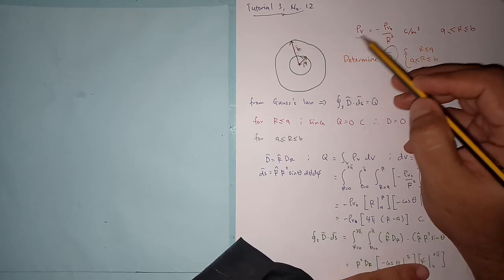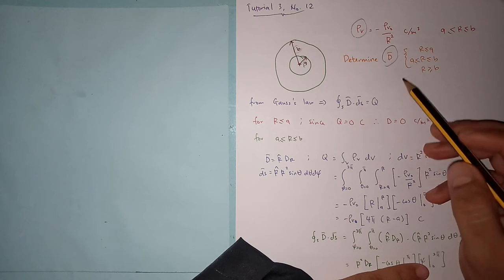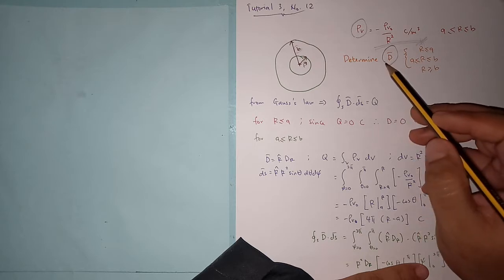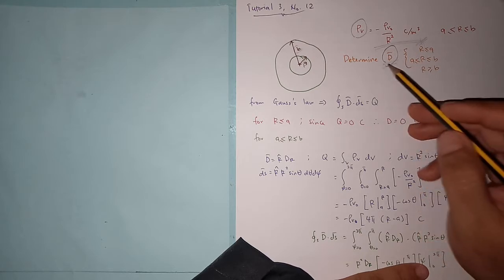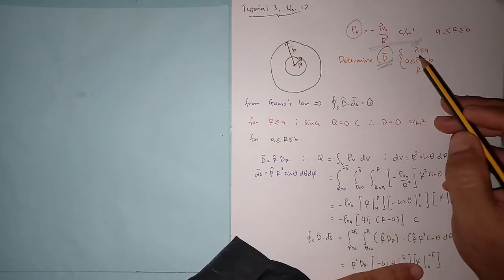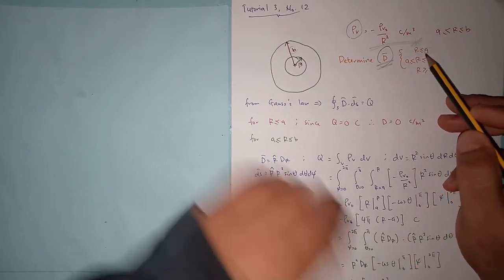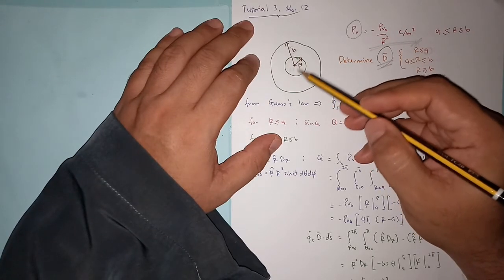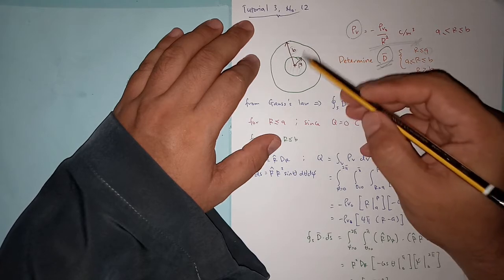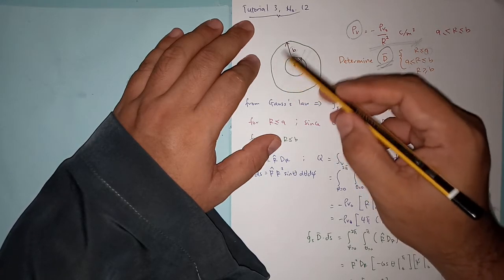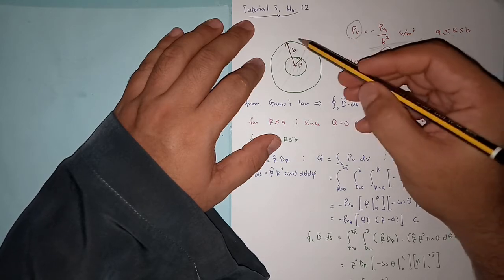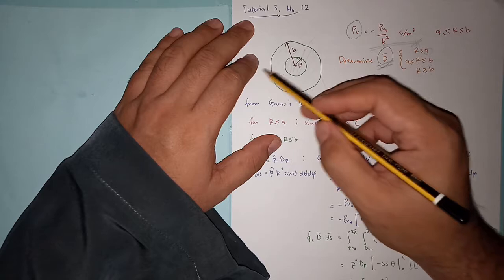Our volume charge density has been expressed using this expression, and we need to find the expression for the vector D in the region of r less than A, then inside the shell between A and B, which is inside the charge itself, and in the region of r greater than B, which is outside this region.